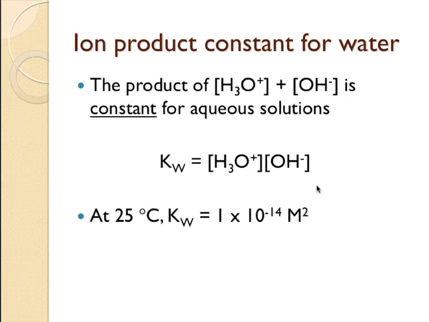Okay. The product of the hydronium ion concentration and the hydroxide concentration is constant for all aqueous solutions. Throwing a new symbol in at you, this symbol stands for molarity.